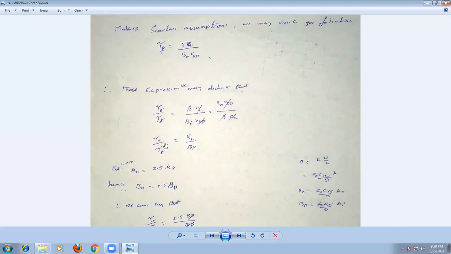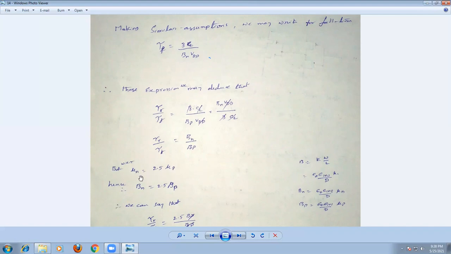We get this equation. Now, depending upon the mobilities of the N channel and the P channel transistor, the mobility of the N channel transistor is always higher than the mobility of the P channel FET. This approximation is mu N approximately equal to 2.5 times the value of mu P. We derived this equation in the previous classes.